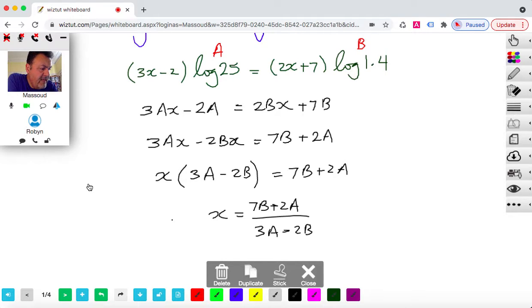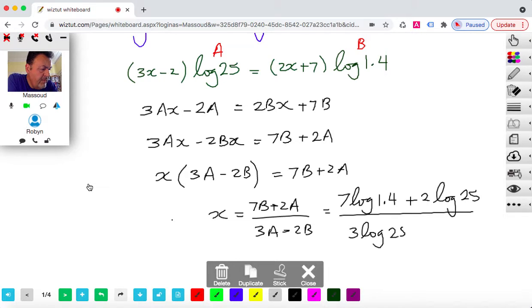We can replace the a and b back with what they were. So this would be 7 log 1.4 plus 2 log 25 over 3 log 25 minus 2 log 1.4.